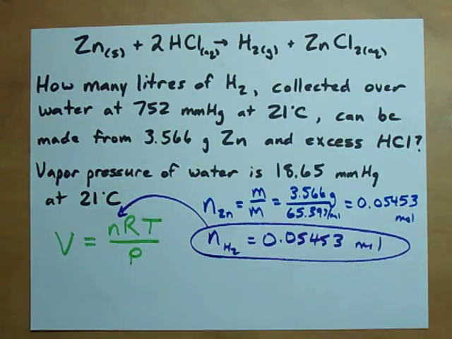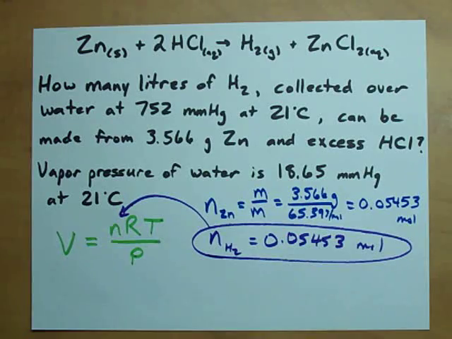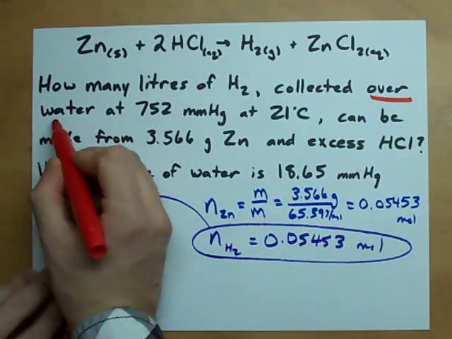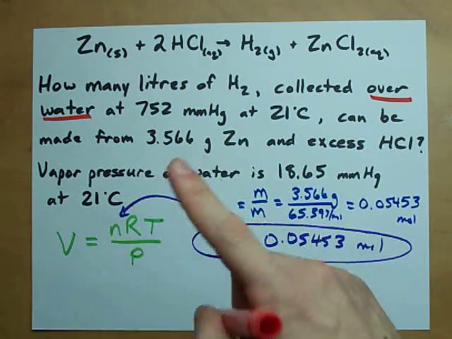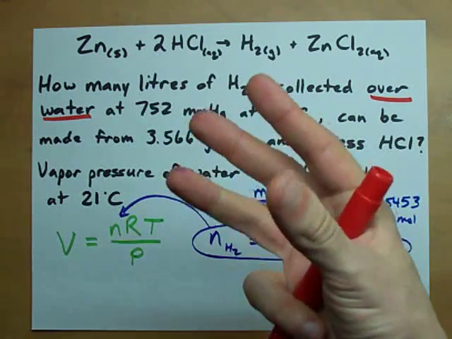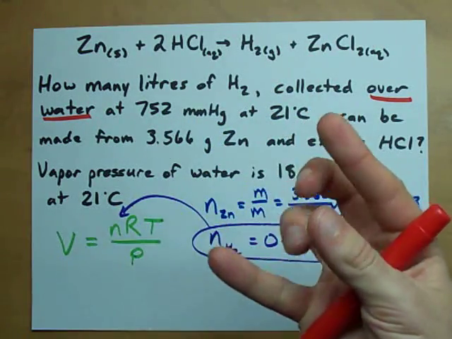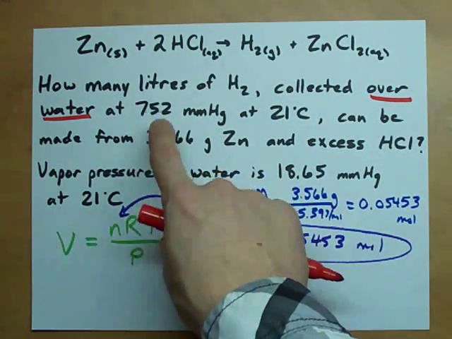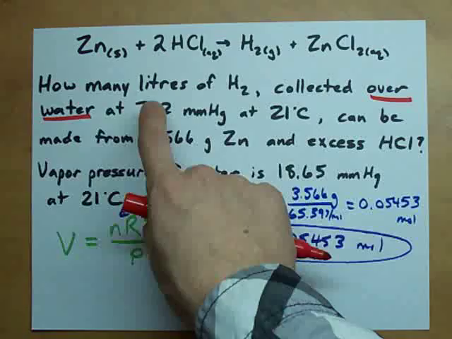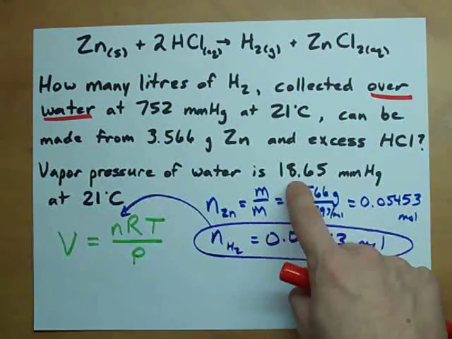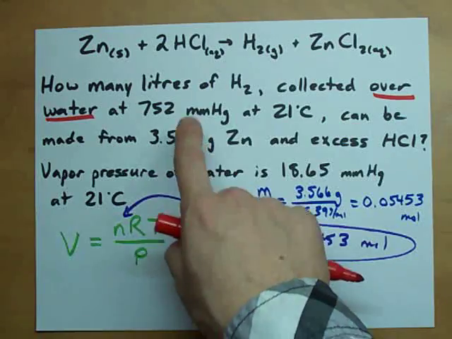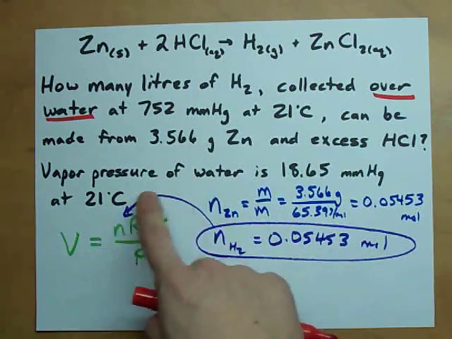What pressure of hydrogen are we going to collect? Well, it says the pressure is 752, but it also says it's collected over water. Over water means that water contributes a little bit to the total pressure. This value that they gave you, the total pressure, already includes 18.65 millimeters of mercury of the water, because water has a vapor pressure.